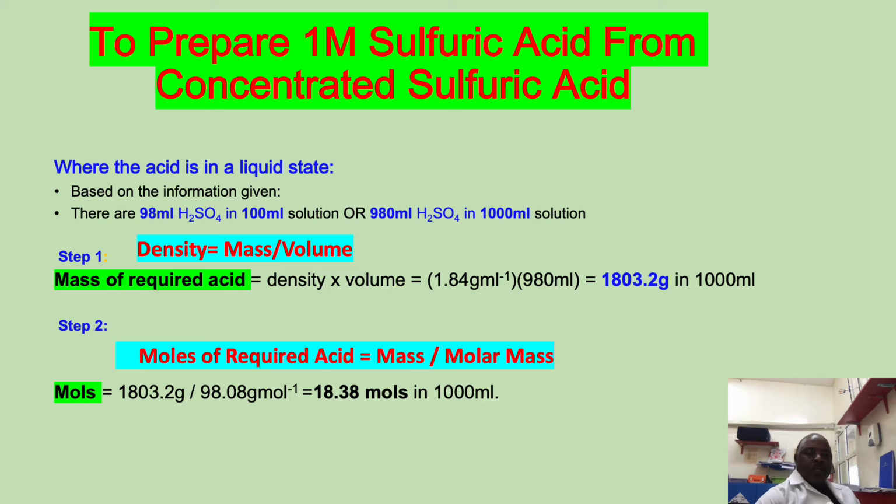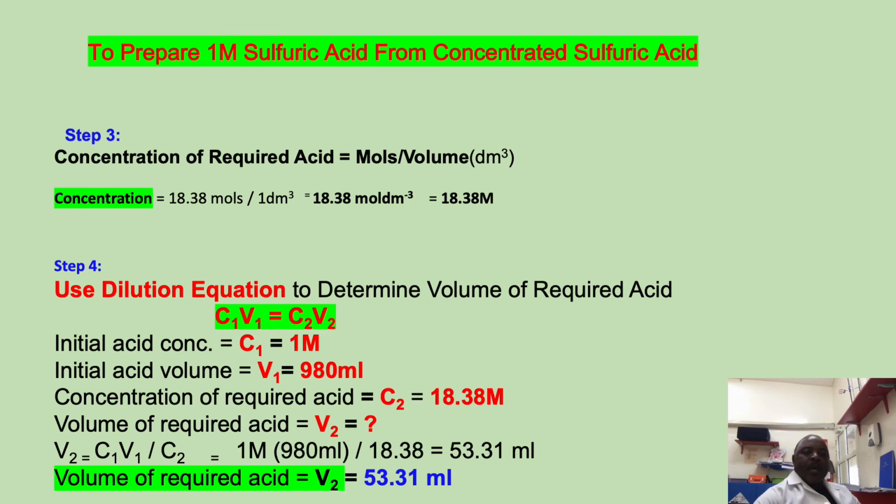That moves us to step number 3. In step number 3, we have to calculate the concentration of the required acid, which is given in the relation concentration equals moles divided by the volume in dm cube.